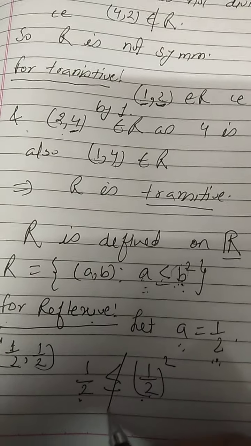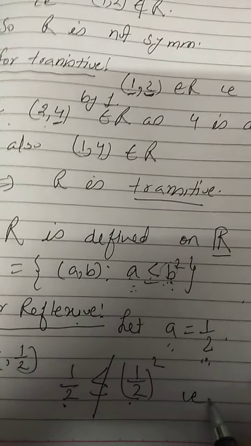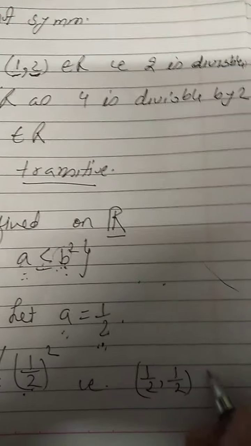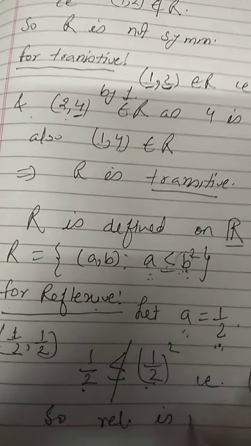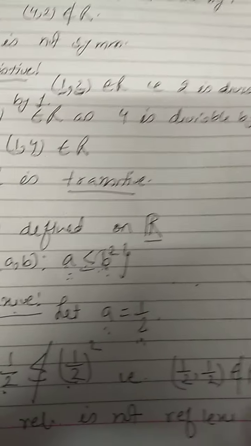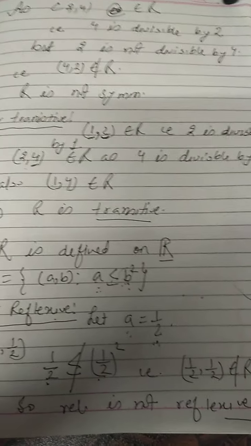So 1 by 2 is not less than or equal to 1 by 4, which implies that (1 by 2, 1 by 2) does not belong to R. So the relation is not reflexive.